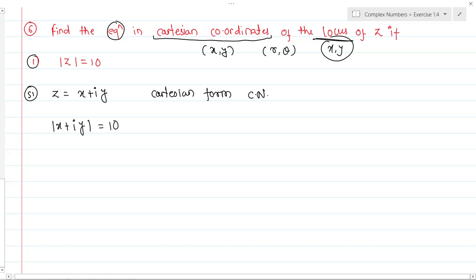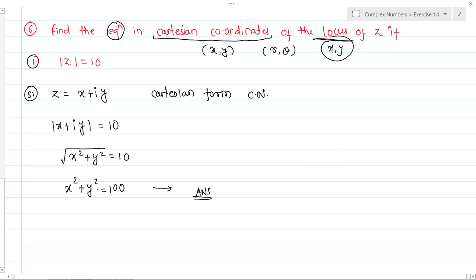Mod of x plus iy means root of x square plus y square is equal to 10. If I take squares on both sides, I get x square plus y square equals 100. This is my answer. This is the Cartesian equation of the locus of z.